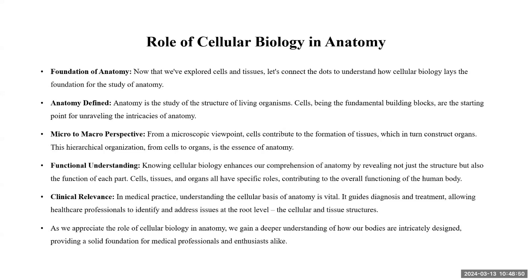So it is the micro to macro perspective, from seeing things on a micro level as well as on a macro level, the integrated functioning of organ systems in an organism. So this was all about the functional understanding of the organs as well, how they unite and how they work, and how different types of tissues integrate to form organs.